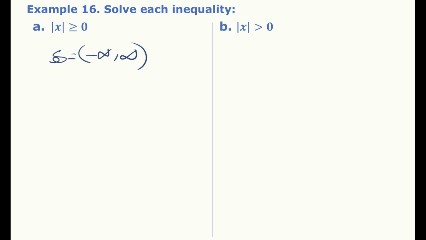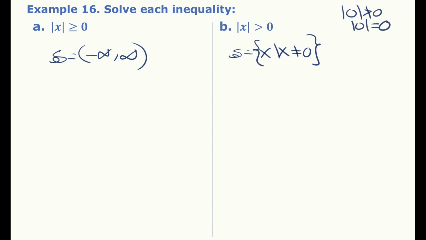For this one, it's true for all real numbers, except for one number. Which one is that? If you said 0, you would be correct. So the solution set here would be all x as long as x does not equal 0. Because remember, the absolute value of 0 is not greater than 0. The absolute value of 0 is 0.